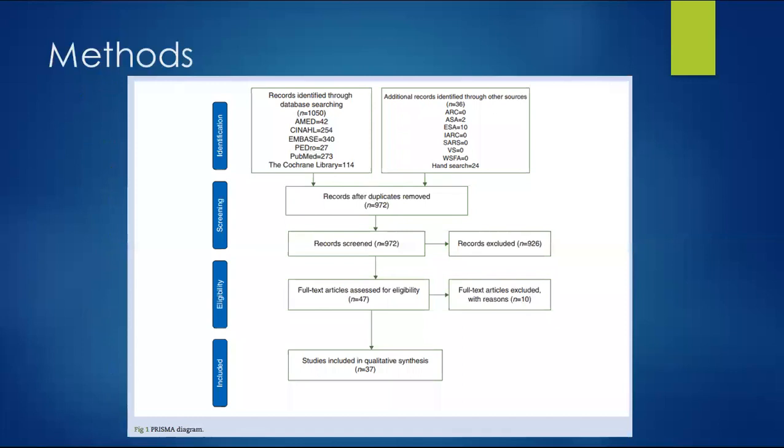So this is the PRISMA flow diagram for this systematic review. As you can see, there were over 1,000 studies that were initially assessed to be eligible. Of these, following the exclusion criteria, the numbers were whittled down to 37. And these were then combined using both quantitative and qualitative synthesis.